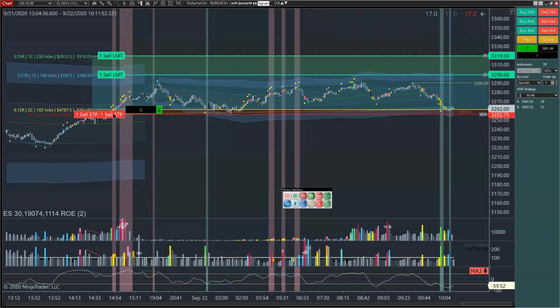So that'll be a 10-1. See this R multiple here? Sorry, 9 to 1. My stop is entirely too close, though.